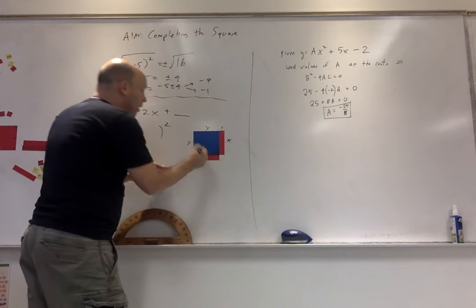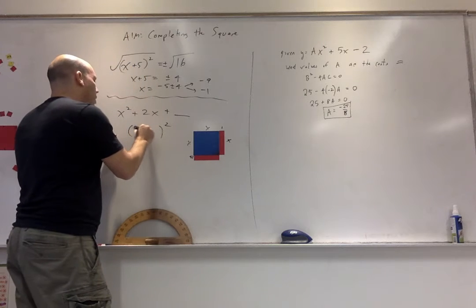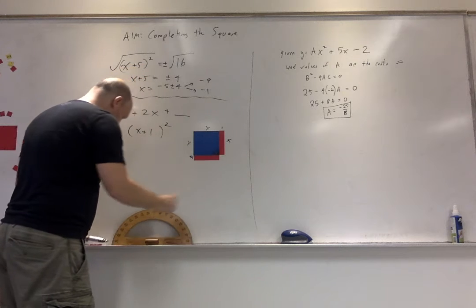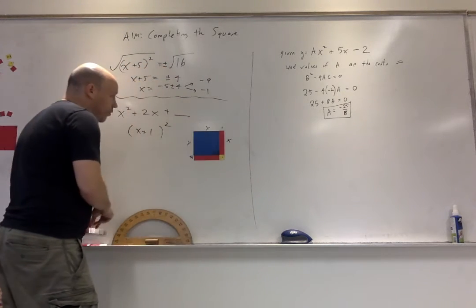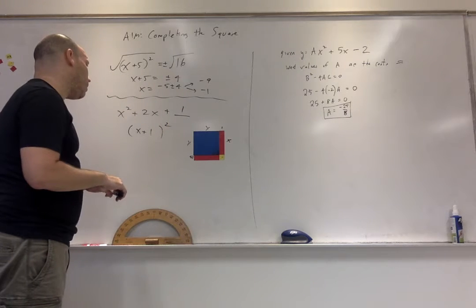Now we have a square, and so it's x plus 1 by x plus 1, but what do we need to put here? And you said, we need another square. So that means we needed to add the square up here. Okay, right?